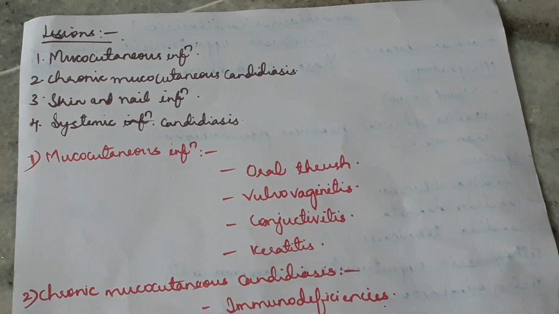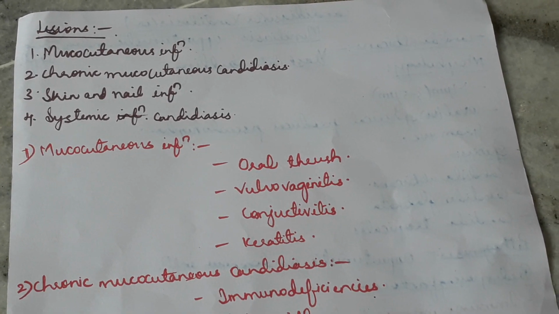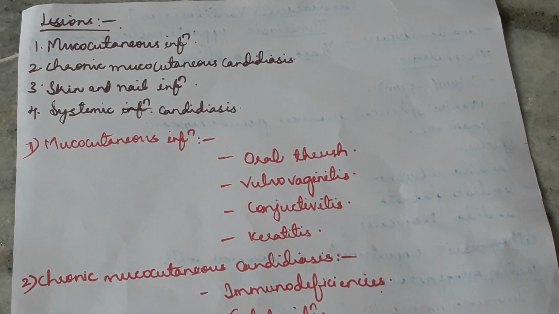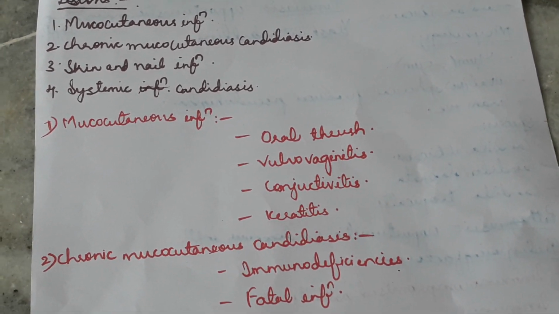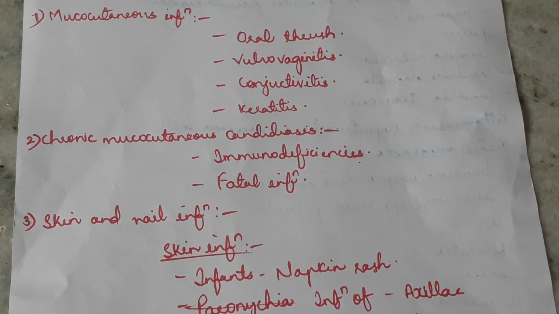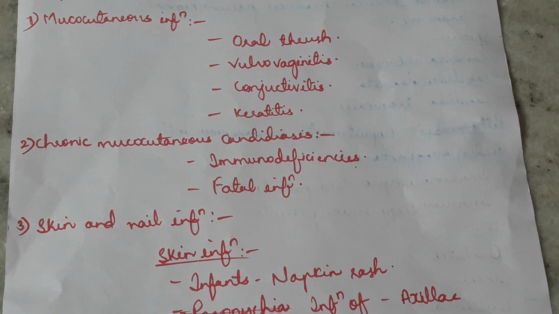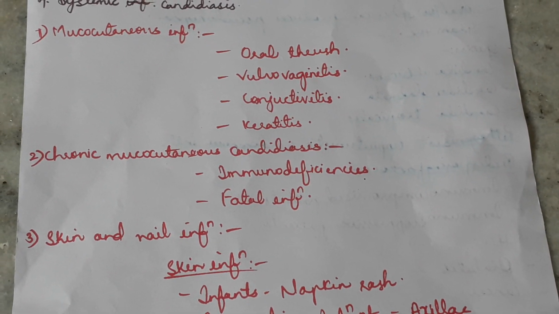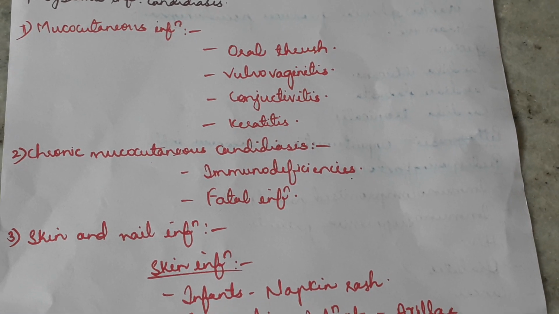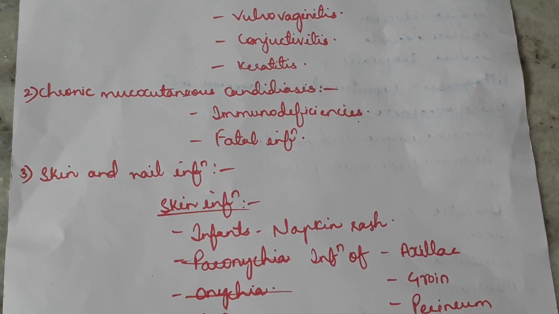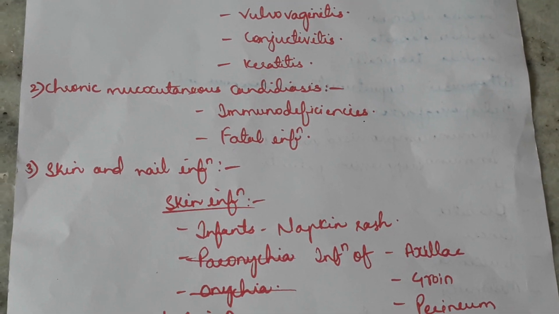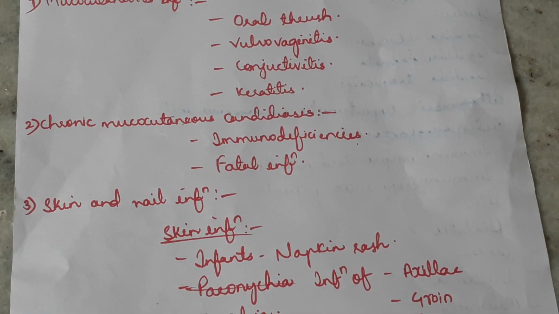Mucocutaneous infection, chronic mucocutaneous candidiasis, skin and nail infection, and systemic candidiasis. Again, in mucocutaneous infection you can see oral thrush, vulvovaginitis, conjunctivitis and keratitis. Chronic mucocutaneous candidiasis occurs in human immunodeficiencies and fatal infection.